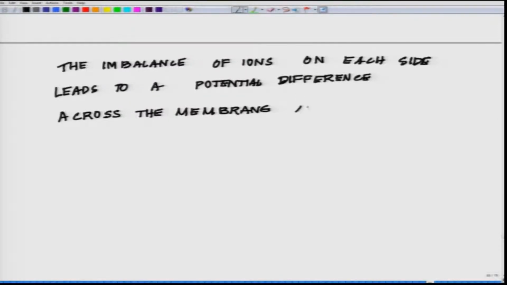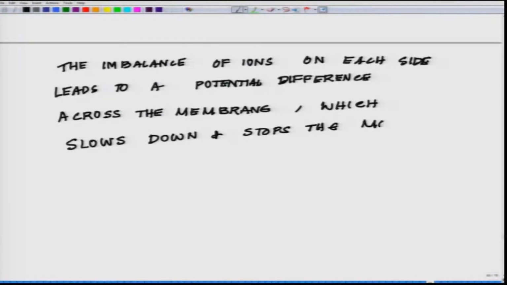Okay, which slows down and stops the movement of ions.